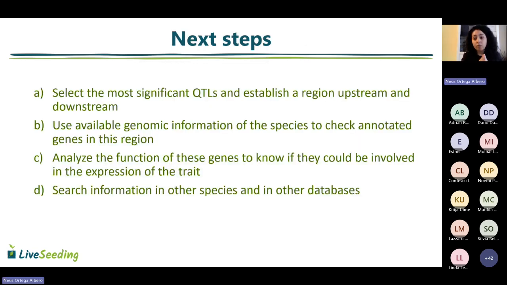After we know which QTLs are associated with a trait statistically, we need to select the most significant ones. And the QTL, let's remember, is only a base pair, a genetic base in the genome.